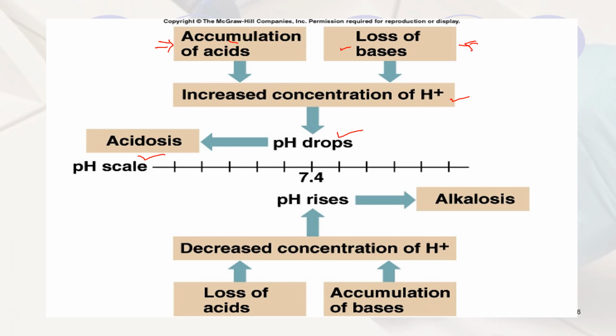That increases the concentration of H plus ions. When H plus ions increase, the pH decreases, that is, pH drops. That state we say is acidosis.